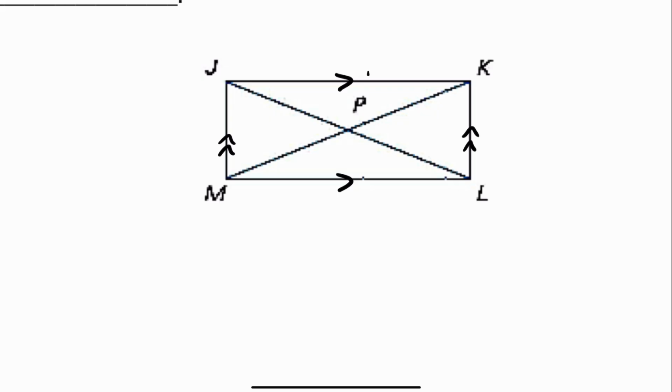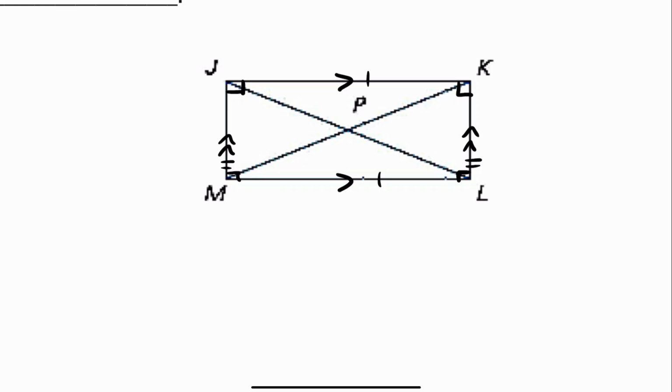The opposite sides are congruent. The opposite angles are congruent, but since it's a rectangle, all four angles are right. Okay? And then the consecutive angles are supplementary.